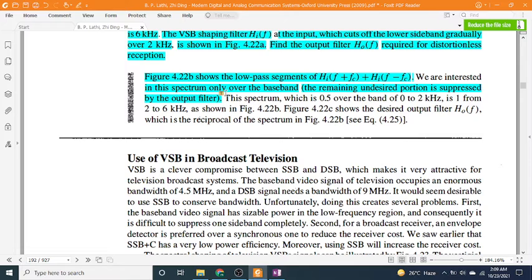This spectrum, which is 0.5 over the band of 0 to 2 kHz, is 1 from 2 to 6 kHz, as shown in Fig. 4.22b. Figure 4.22c shows the desired output filter H_o(f), which is the reciprocal of the spectrum in Fig. 4.22b, Eq. 4.25.